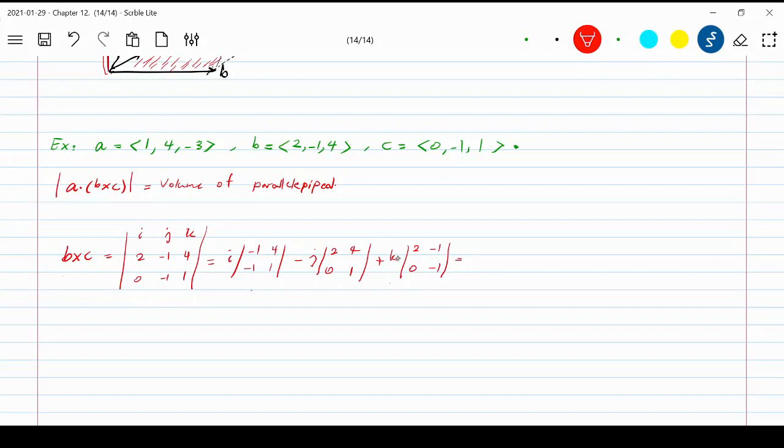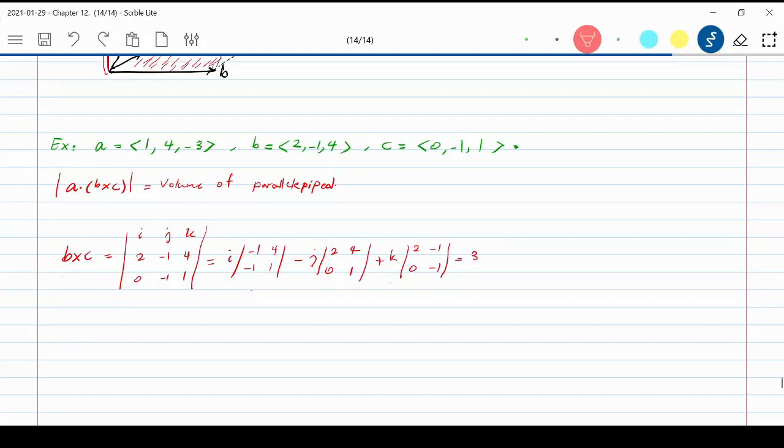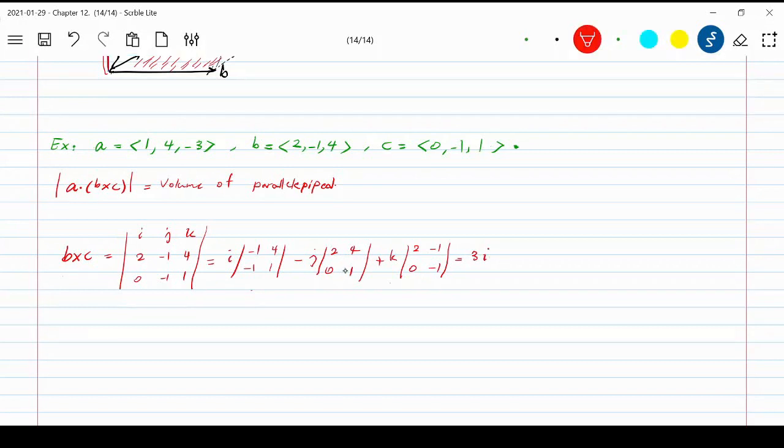So what is this determinant? It would be negative 1 times 1, that would be negative 1, minus negative 1 times 4, so that would be 3i, and here you would have minus 2j and minus 2k. So we found B cross C.